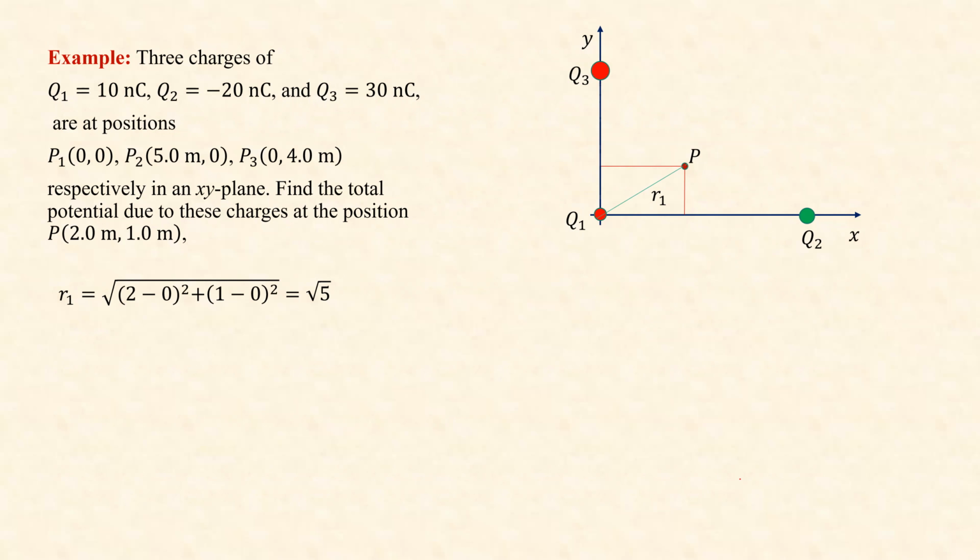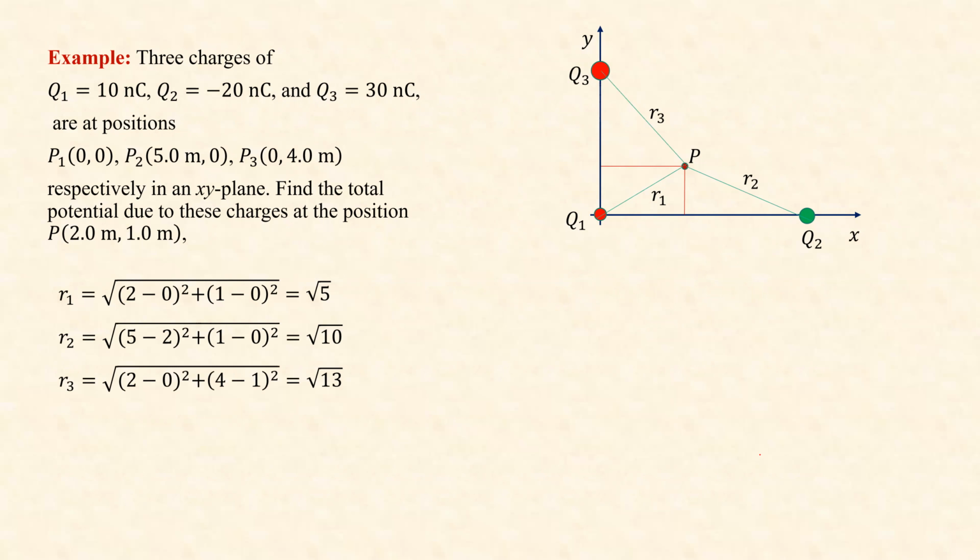Remember this distance between 2 points, square root of x2 minus x1 squared plus y2 minus y1 squared. Okay, so R2 is square root of 5 minus 2 squared plus 1 minus 0 squared, which is square root of 10. R3 is 2 minus 0 squared and 4 minus 1 squared, which is square root of 13.